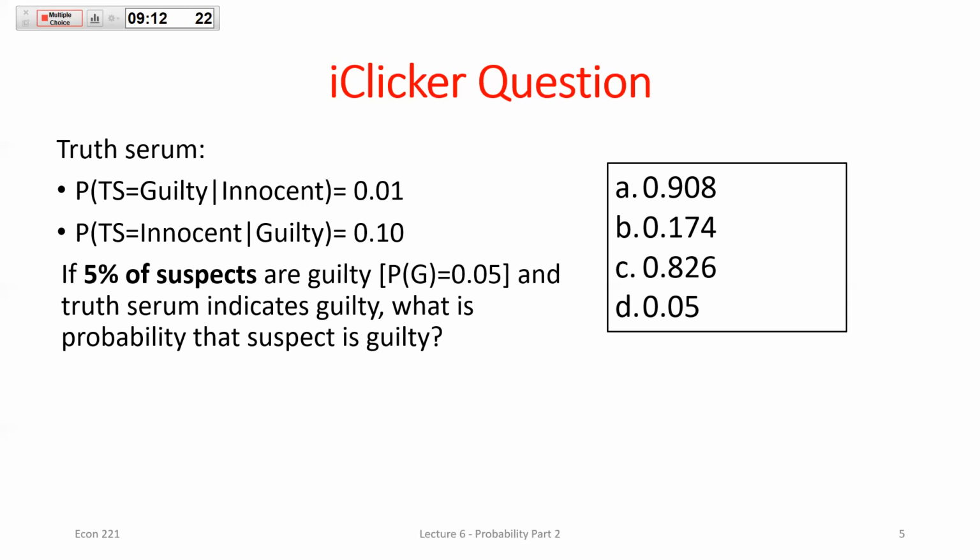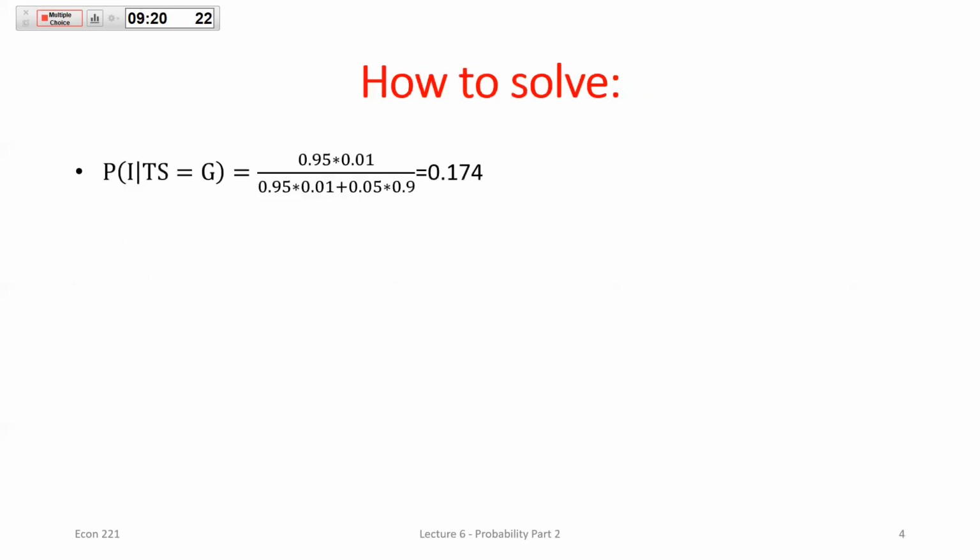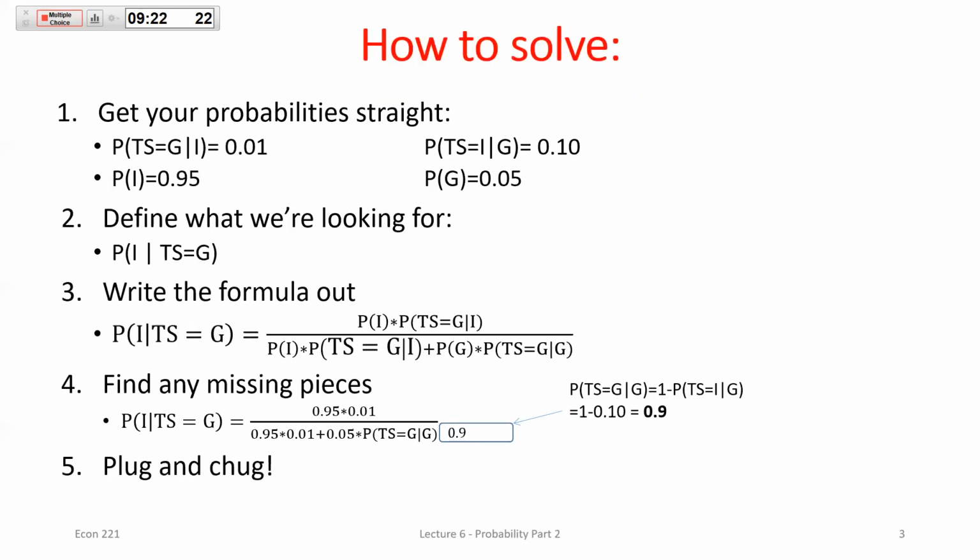Now, if I wrote the equation out in the context of my example and plugged in my probabilities correctly, I would still arrive at that same answer. In fact, it's going to be the exact same equation because my base is the same: all the people that the true serum made say they're guilty. It's just that now, of that base, I'm not interested in the people who are actually innocent.